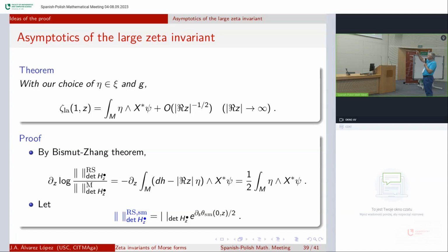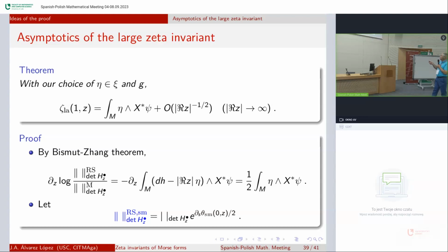By the theorem of Smoot and Sam, if we take the derivative of the logarithm of the quotient of the Ray-Singer norm and the Morse norm, then we have the derivative of the integral. This integral turns out to be 1/2 of eta times the pullback of the current, with the sign 1/2 of what we have written there.